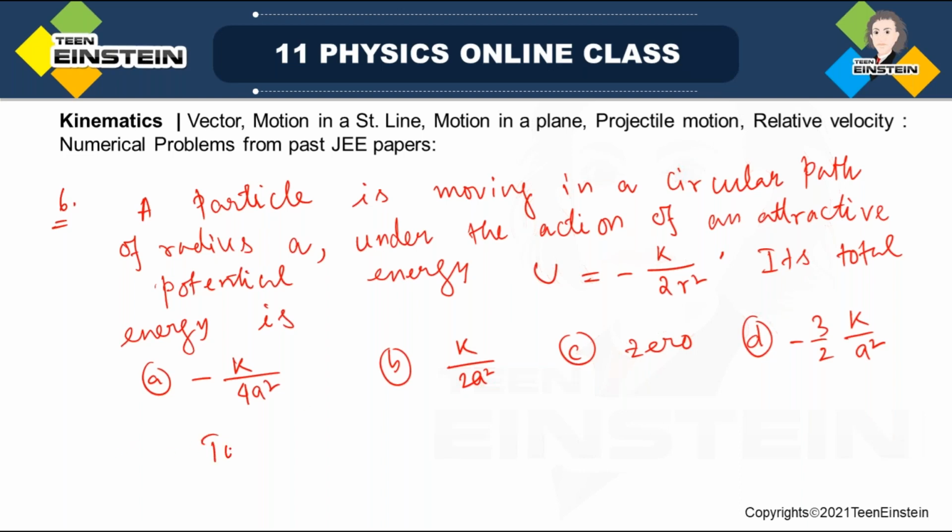The total energy will be kinetic energy plus potential energy.